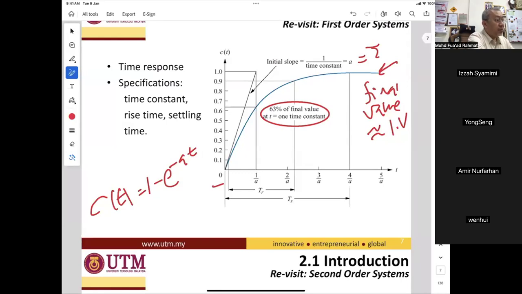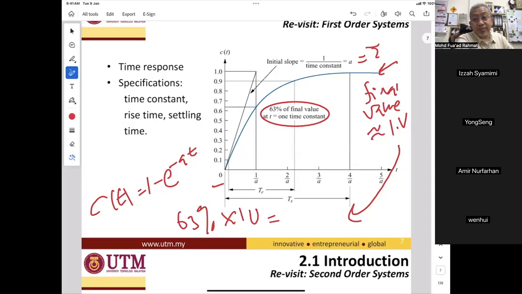For example, here, if the final value is 1, 63% multiplied by 1 volt, you will get 0.63 volt.